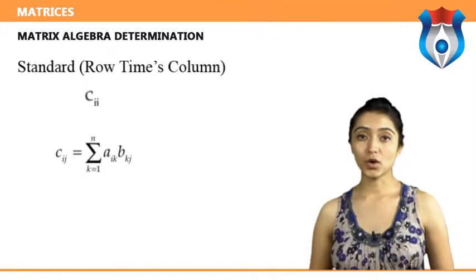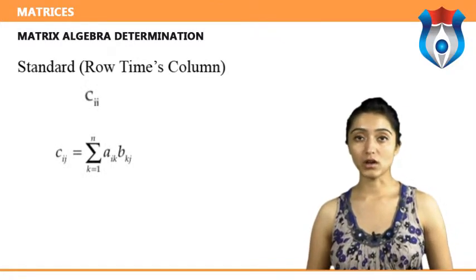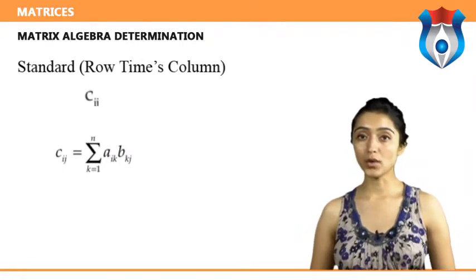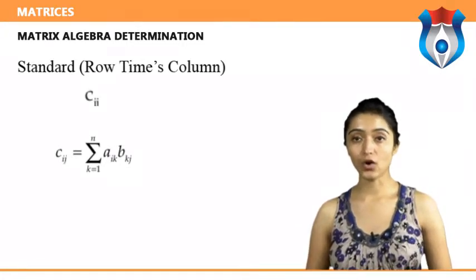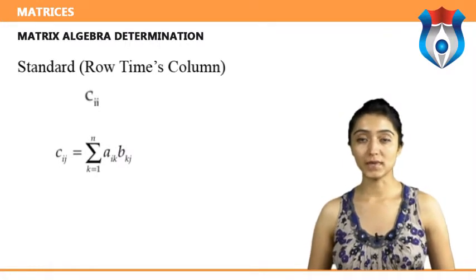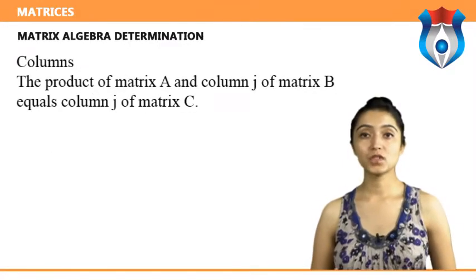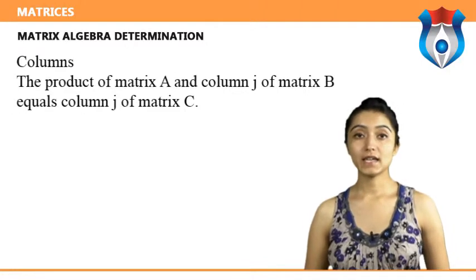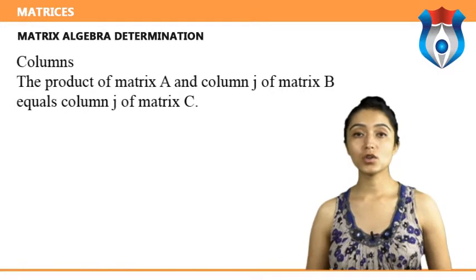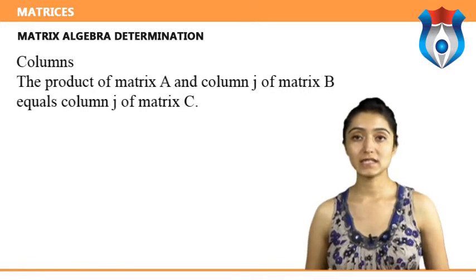The standard way of describing a matrix product is to say that C of ij equals the dot product of row i of matrix A and column j of matrix B. Columns. The product of matrix A and column j of matrix B equals column j of matrix C.